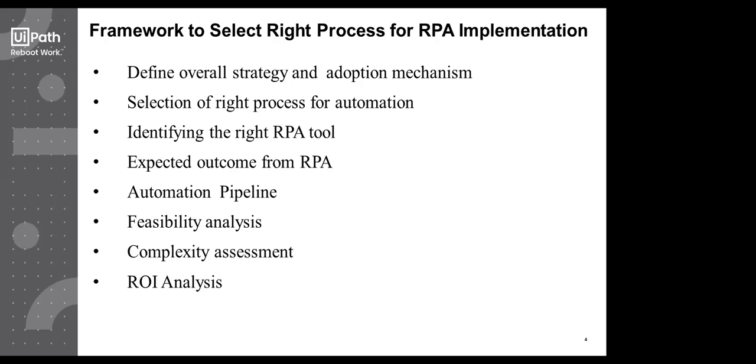Then ROI analysis. When you assess the complexity, it eventually has a direct effect on the ROI analysis, because based on your complexity, the cost is decided, and based on the cost, you calculate the ROI. So talking about the ROI analysis, if I talk on a broader scale, what is ROI? It's basically made up of two things, that is before and after.